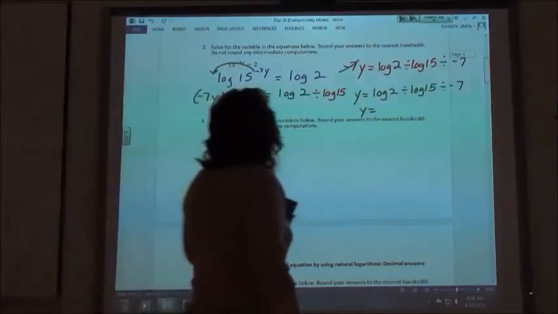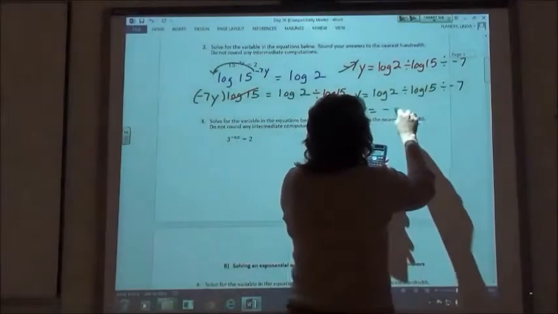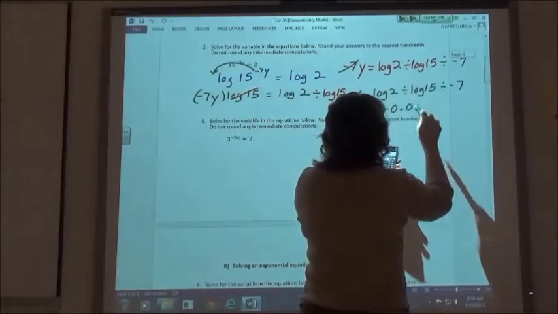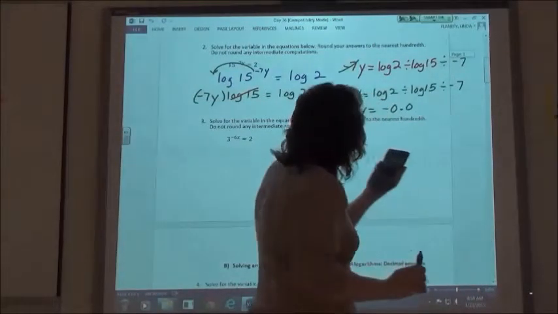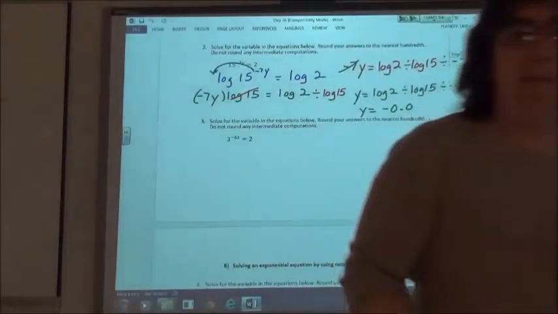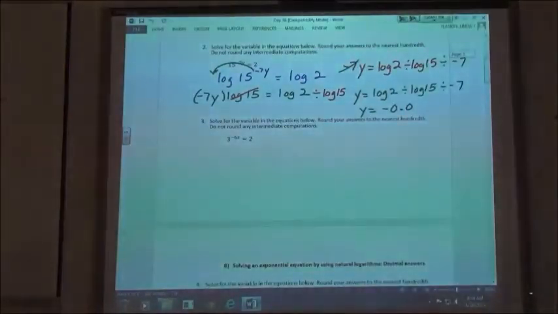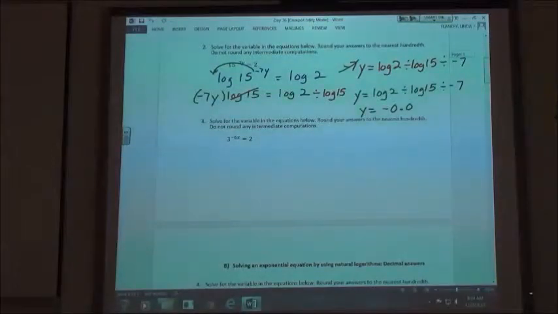What are you getting on your calculator? I got negative 0.74. That's not what I got. What'd you get? I got negative 0.036 something. Log of 2 divided by the log of 15. Oh, you didn't do it divided by the negative 7, right? Okay.